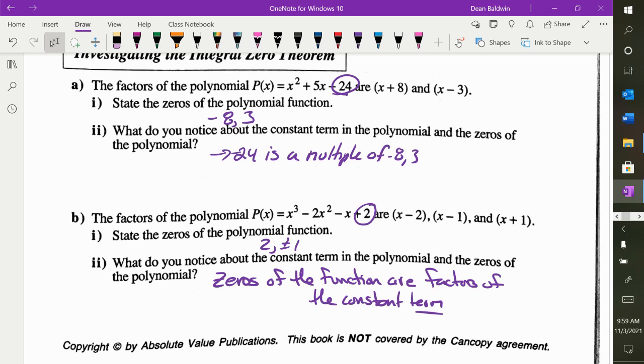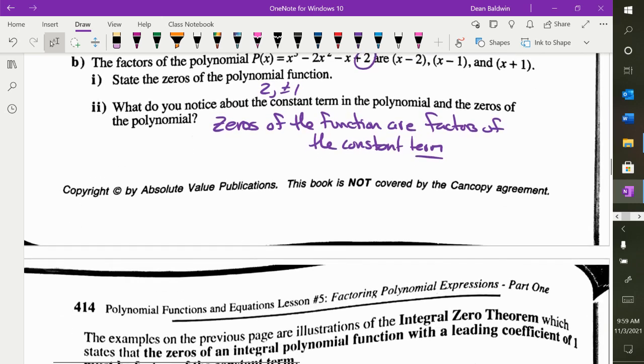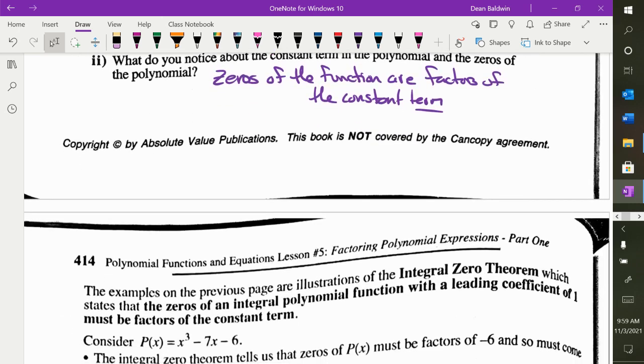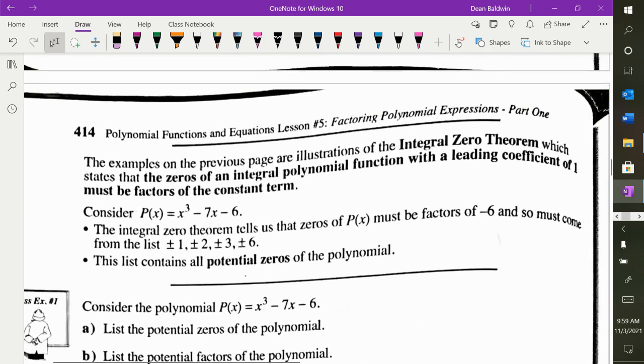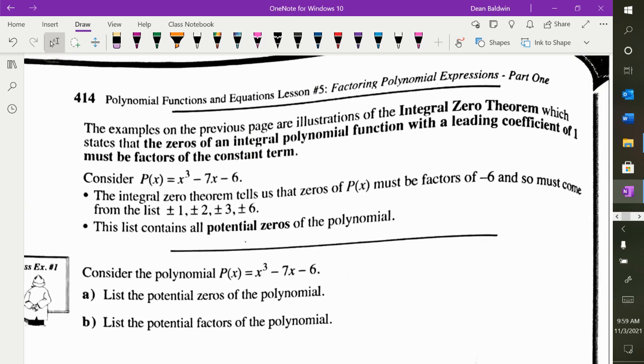So why is it important that you recognize that this applies to higher order functions too? If you flip the page, okay, if I give you a function, x cubed minus 7x minus 6, and I say factor it, what do you do?